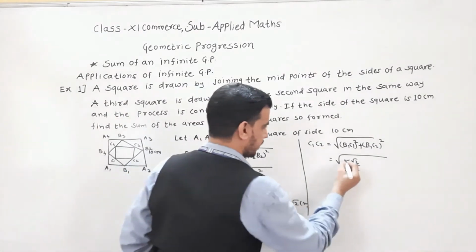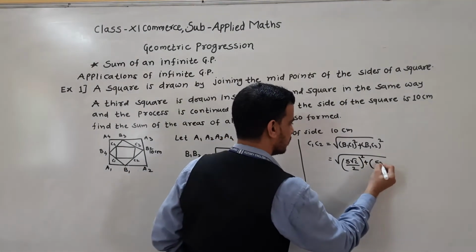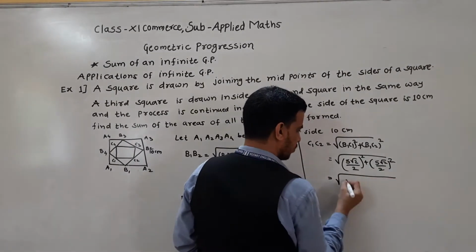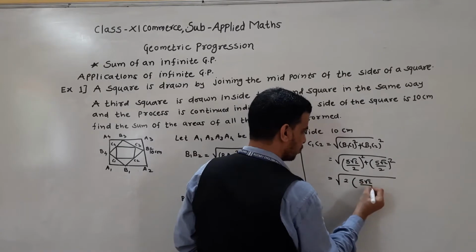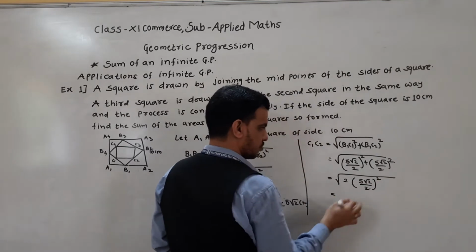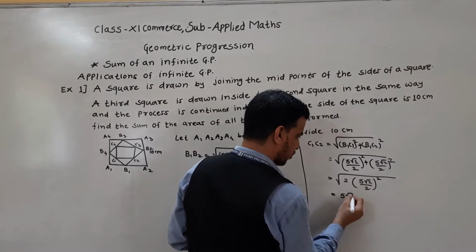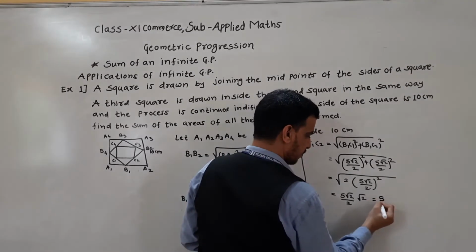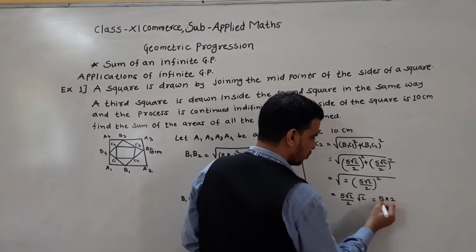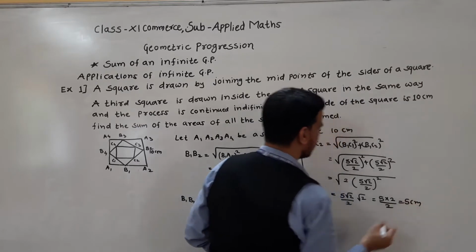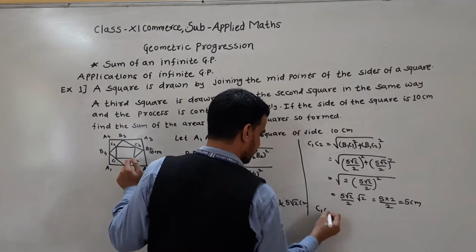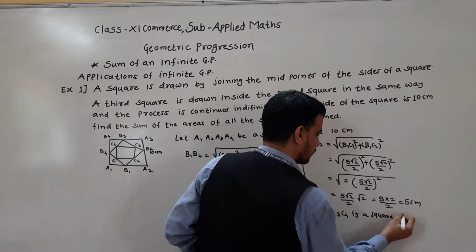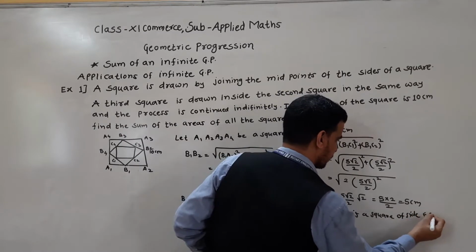So this is 5 root 2 by 2 square plus 5 root 2 by 2 square. Okay, so it is 2 times 5 root 2 by 2 square. If we take it outside the square root, it is 5 root 2 by 2 into root 2. So it is 5, as root 2 into root 2 upon 2 is 1. So it is 5 centimeter. So third square C1, C2, C3, C4 is a square of side 5 centimeter.